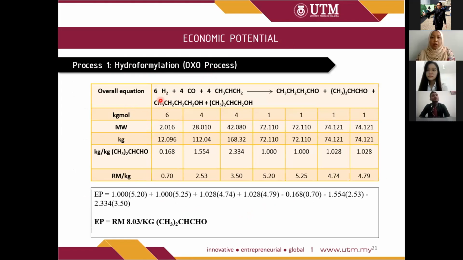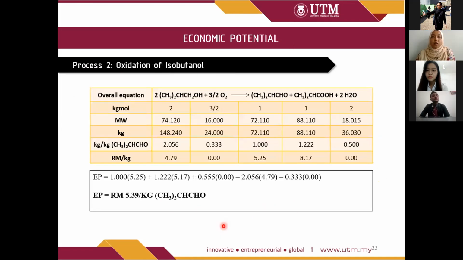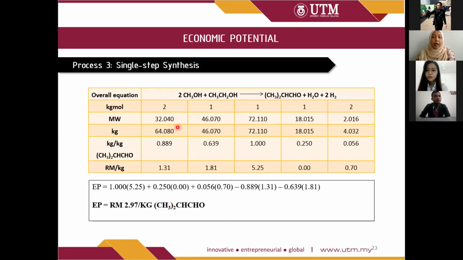From the overall equation, the economic potential for the production is RM 8.03 for every kg of isobutyraldehyde. For the second process, the economic potential is RM 5.39 for every kg of IBA. And for the last, single-step analysis, we get RM 2.97 for every kg of IBA produced.